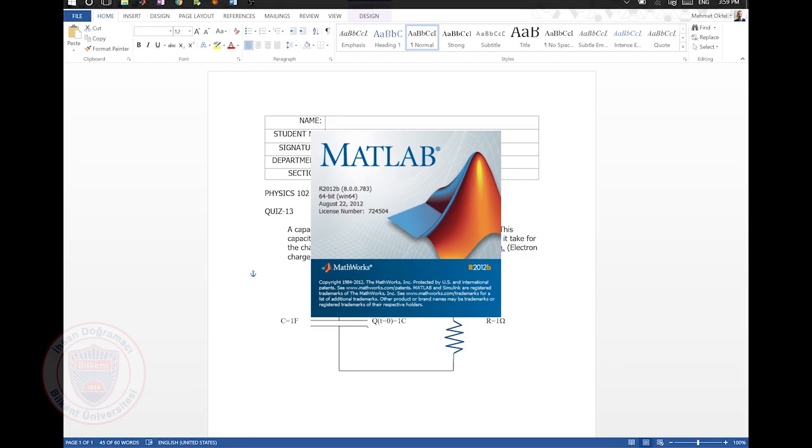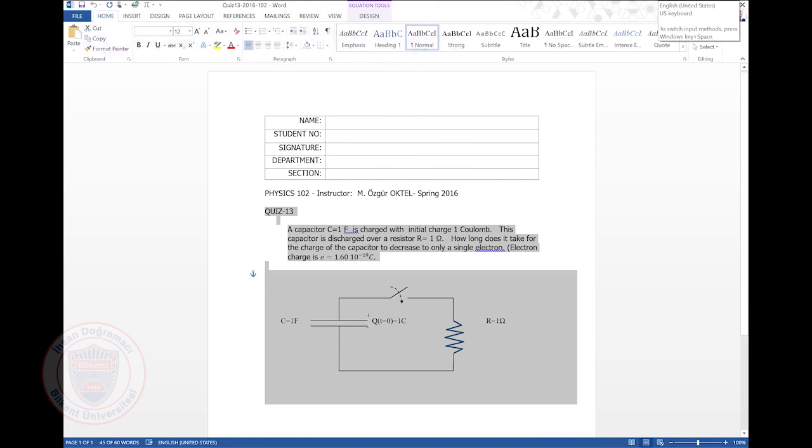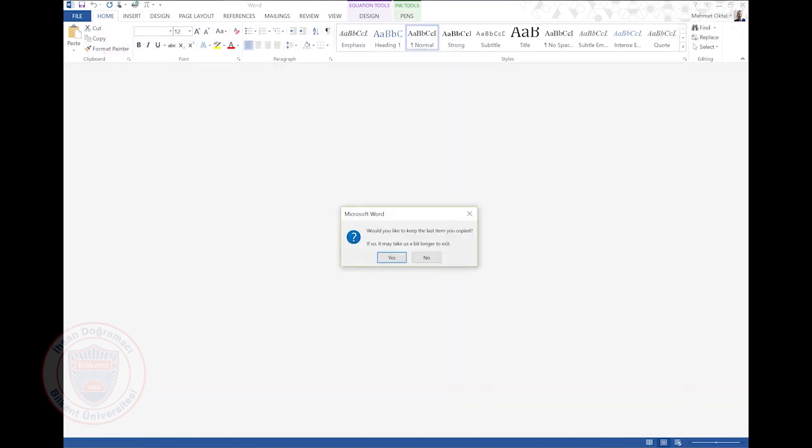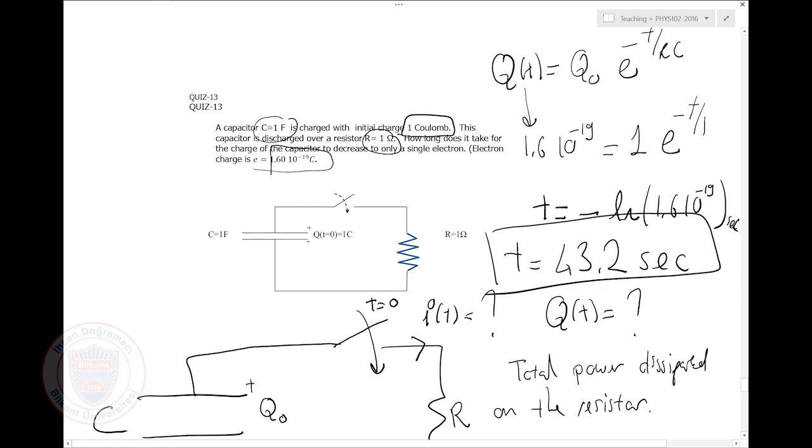So in this program log means ln 1.6 10 to minus 19. 43.2. What's the unit? Seconds. So apparently if I wait for just 45 seconds, all the charge, even the last electron, would leave my capacitor.